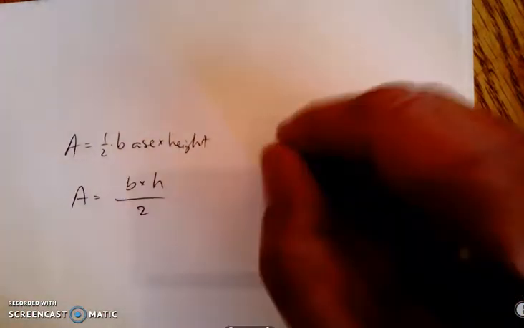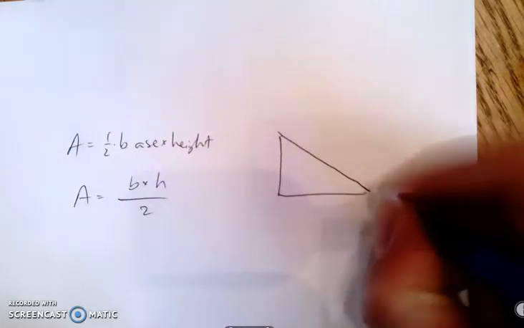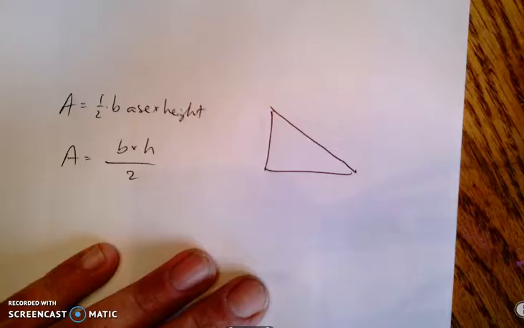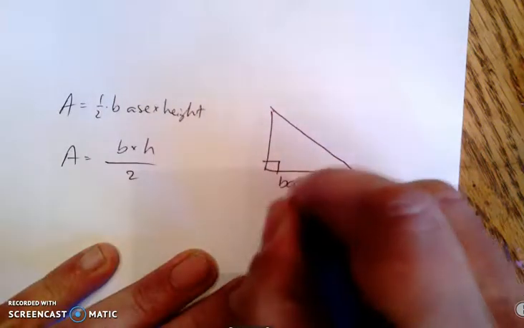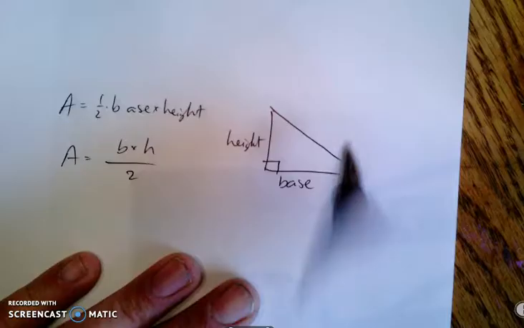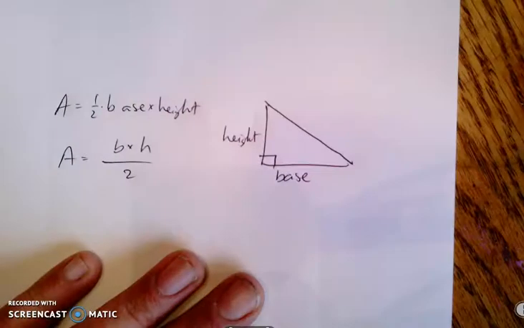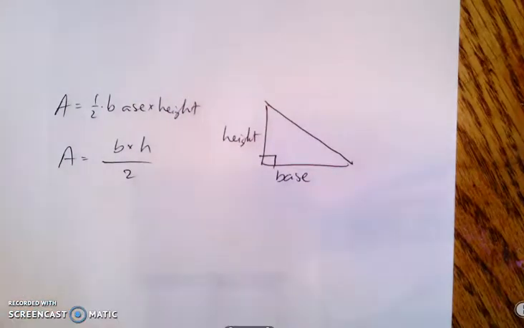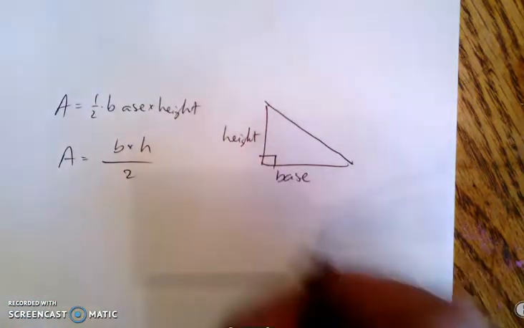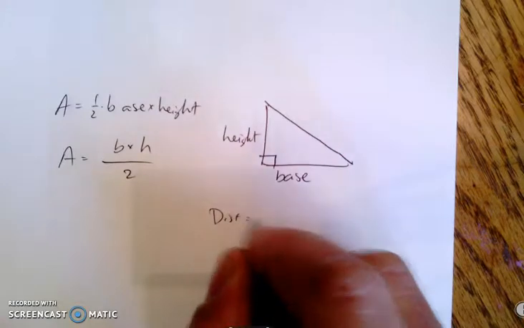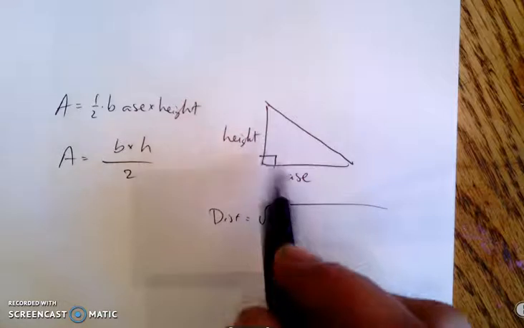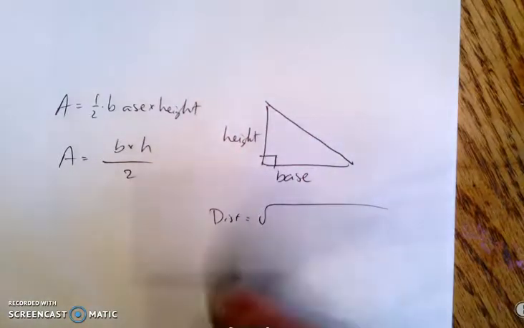The key thing is, if your triangle's tilted that way, that's fine, but you need to have a right 90-degree angle with a base, and the other side's the height. The third side's the hypotenuse. We do not need it for area. It's not going to come in for our formula. So for the next problem, you're going to want to do the distance formula again, for the base and for the height, and then multiply it out and do 1/2.